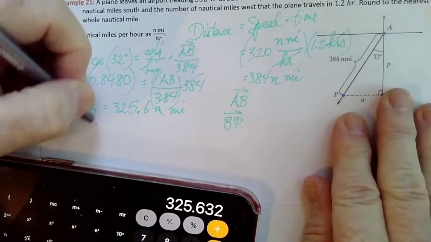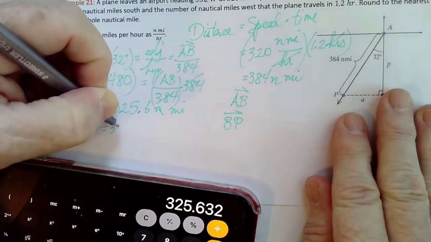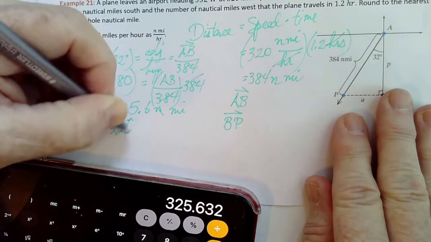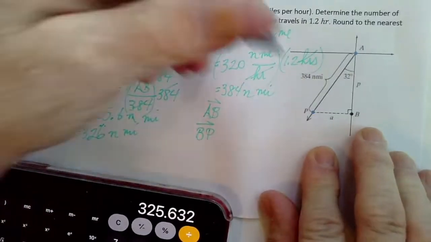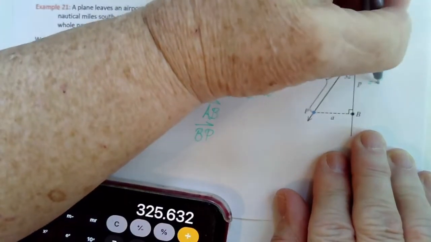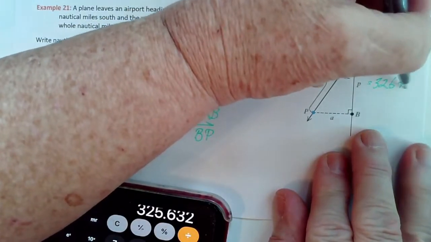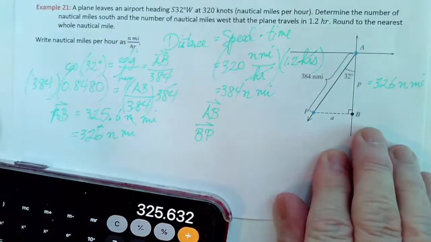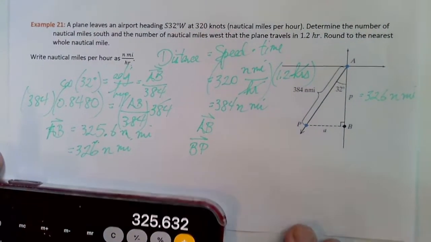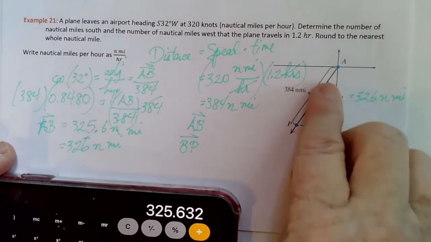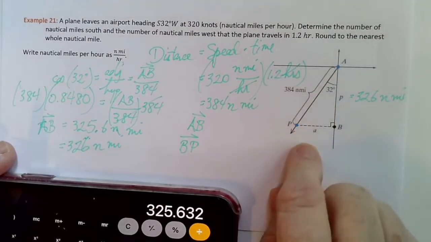Okay, so this is going to be 326 nautical miles. Well, now let's find the distance from B to P with respect to this angle 32.